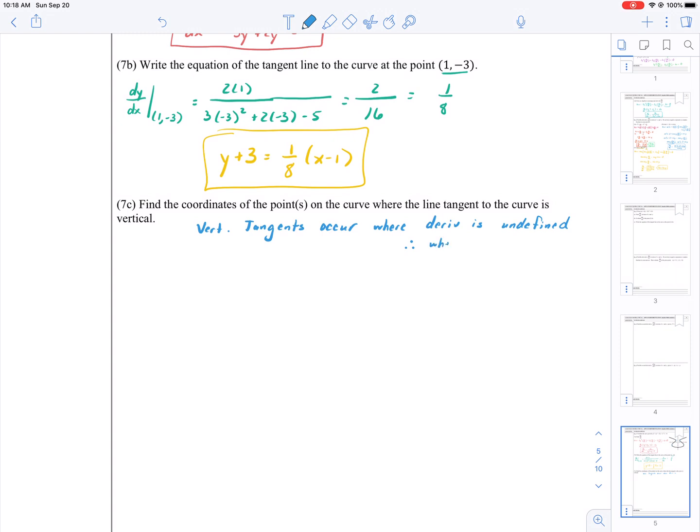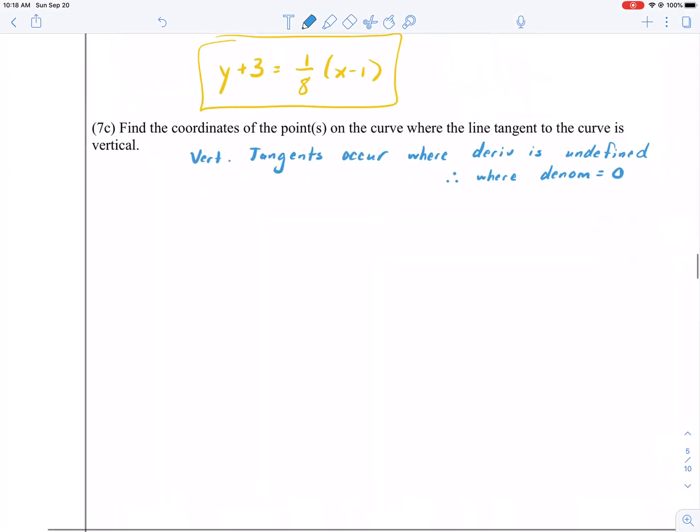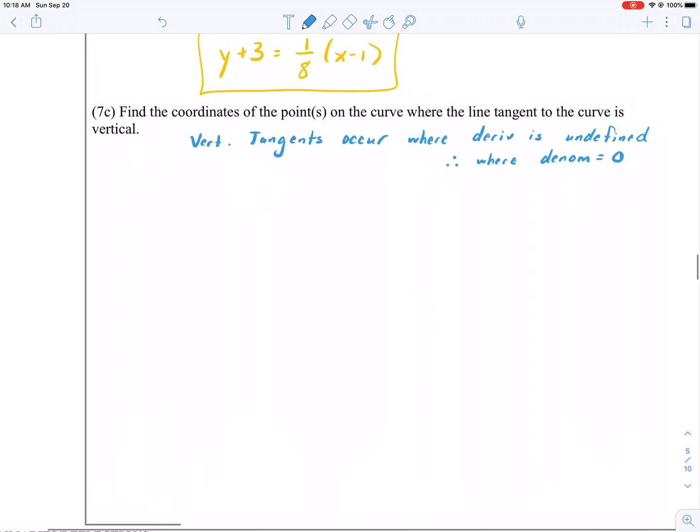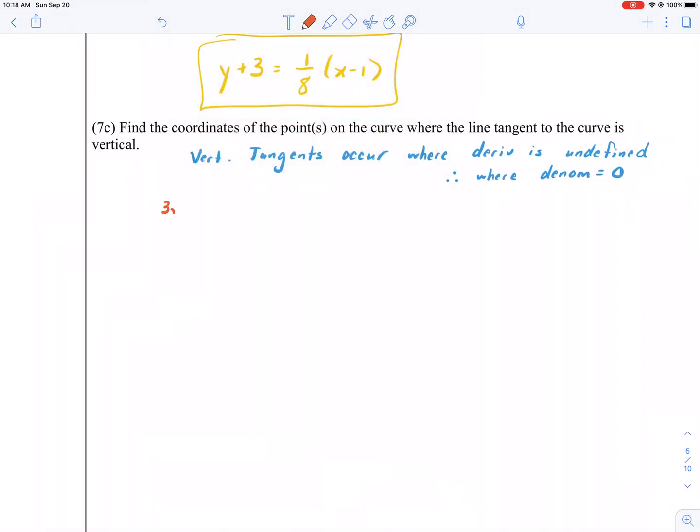Therefore, where the denominator equals 0. So working with a fractional piece here, I'm working where the denominator is equal to 0. So I'm going to go ahead and write that denominator down. I've got 3y squared plus 2y minus 5 equals 0. That's what I'm trying to solve for.